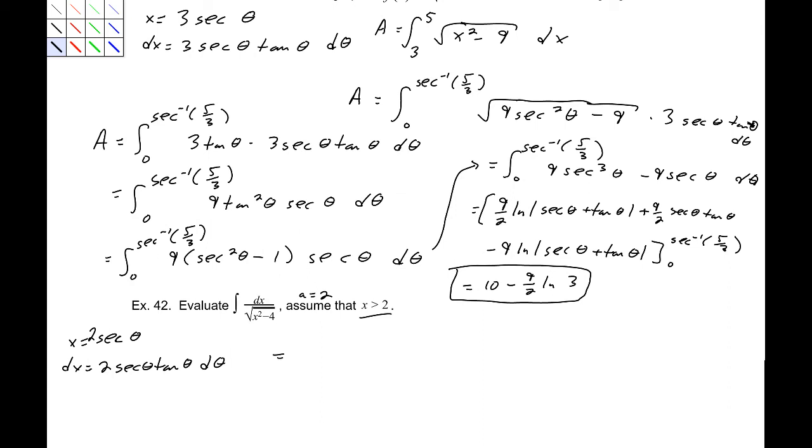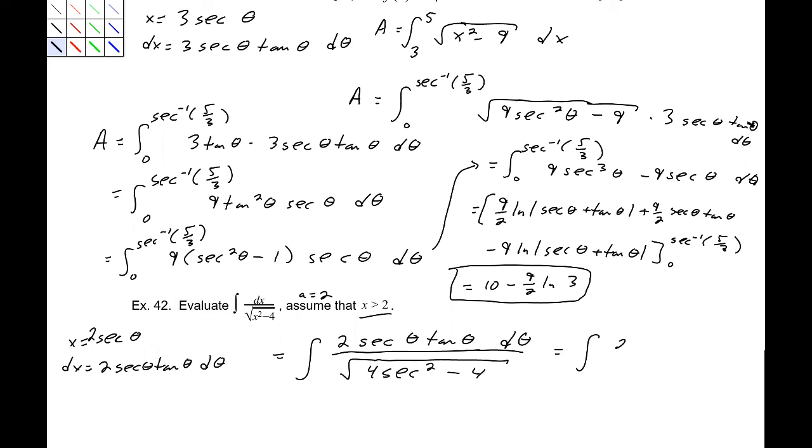So our substitution here is for dx 2 secant theta tangent theta d theta divided by the square root of, squaring that is 4 secant squared minus 4, which will become a tangent. So that will be the integral of 2 secant theta tangent theta d theta over 2 tangent theta.